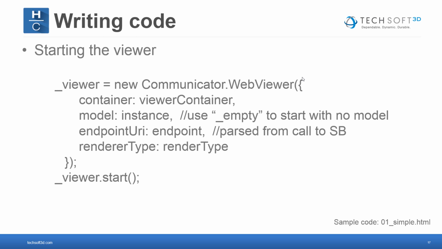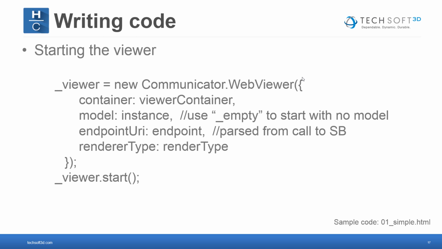The endpoint URI is the WebSocket string that we got back from the service broker. We'll just paste that right in there. And then the renderer type is how we would set if we want the client or server. They have to match. So if you requested a client renderer, you'll specify a client renderer type here. If you requested a server renderer, you specify the server renderer there. And then you call start, and we'll start streaming that data.